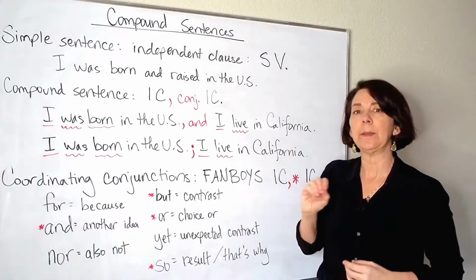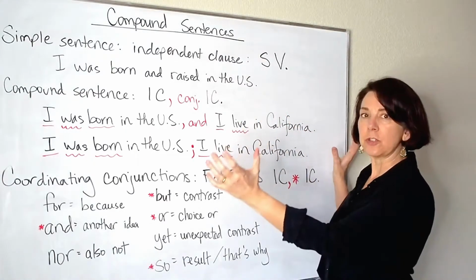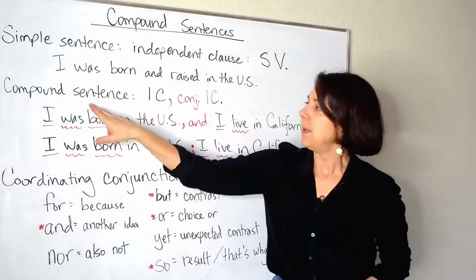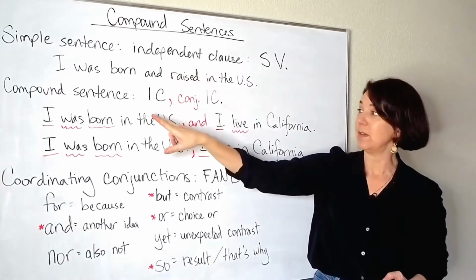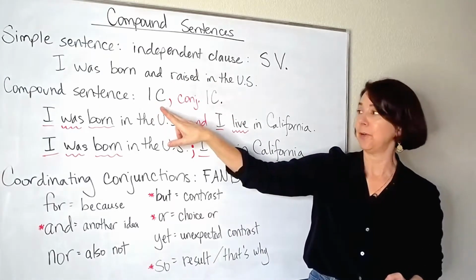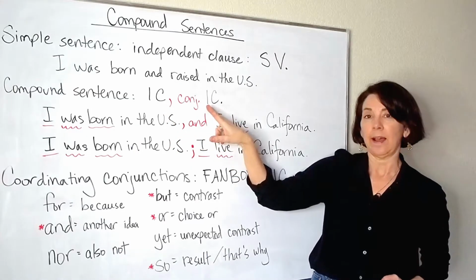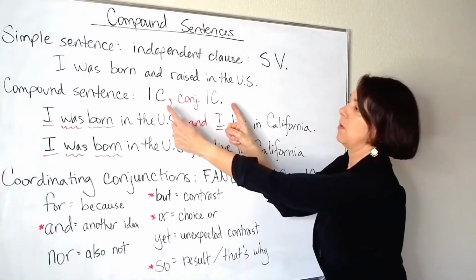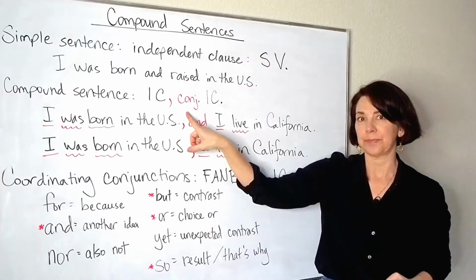It's one independent clause. A compound sentence is when we take two of those simple sentences and we put them together. So a compound sentence, the formula is I.C., that's independent clause, meaning that there's a subject and verb, comma, coordinating conjunction, and I.C. So we have two independent clauses and we join them together with a comma and a coordinating conjunction.